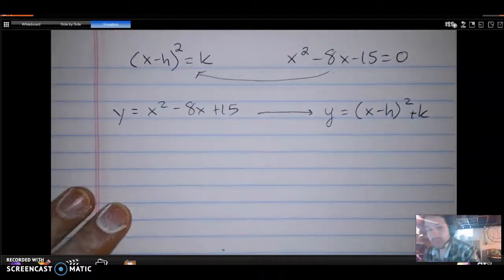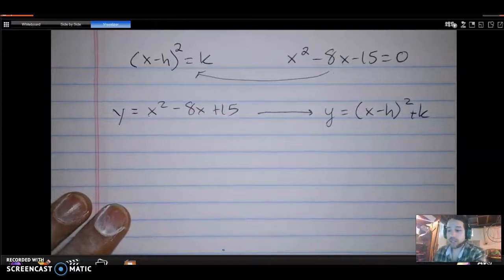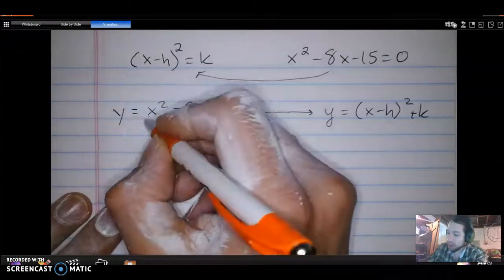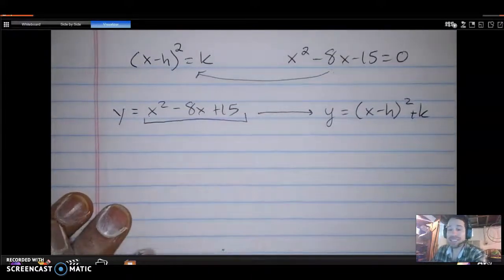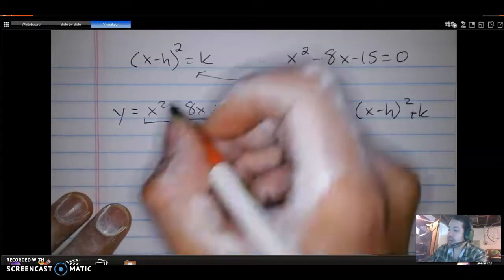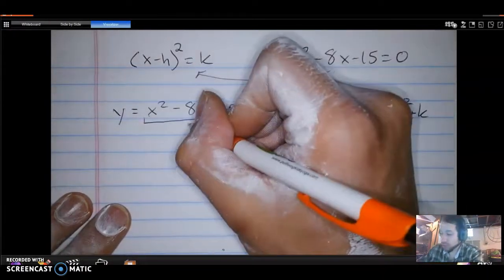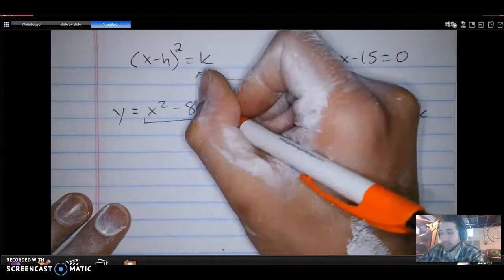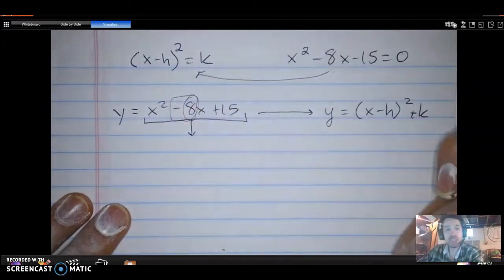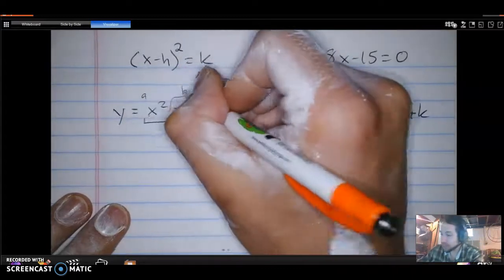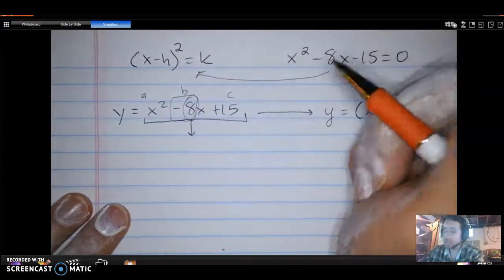So again, going over the process, same exact steps as before. The first thing you want to do is make sure all of your x's and numbers are on the same side. For a lot of these, that'll already be done for you. Now, the next thing we do, very similar to the first video, is use this b value, just like a, b, and c in the quadratic equation.